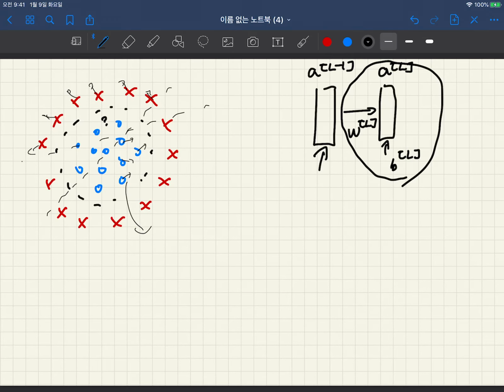But imagine you can increase the dimension. So you can increase the width of neural network from 2 to 3. Then you have one more dimension, like this.